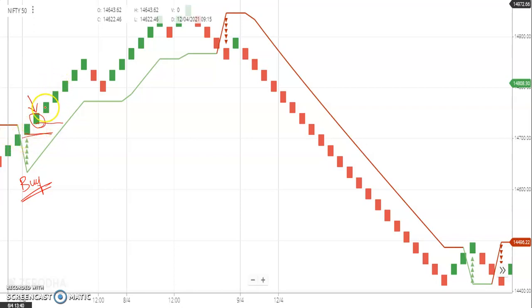So we entered a position somewhere here, and then we exited somewhere here where we got three red candles. So our target is achieved. If you see point-wise, it comes close to 180 points. On a 5-minute candle, 180 points, guys.